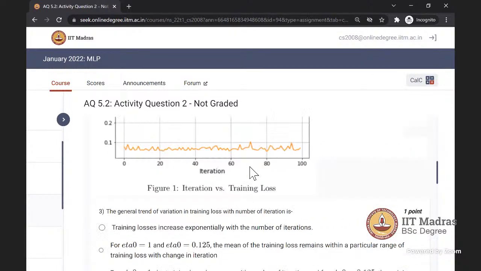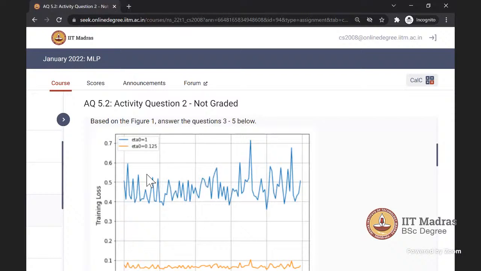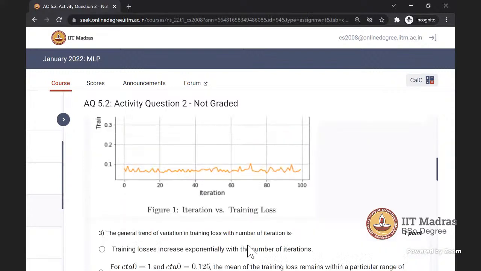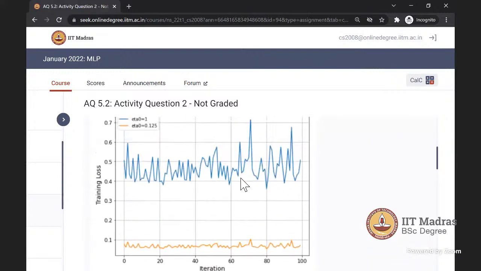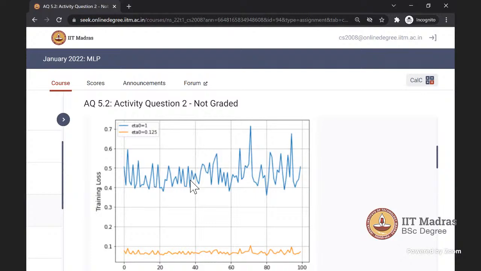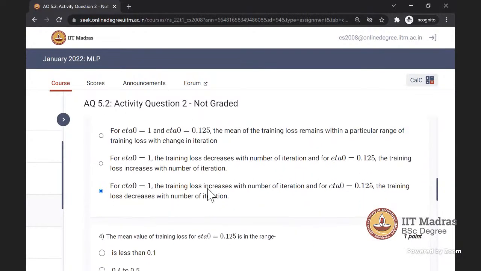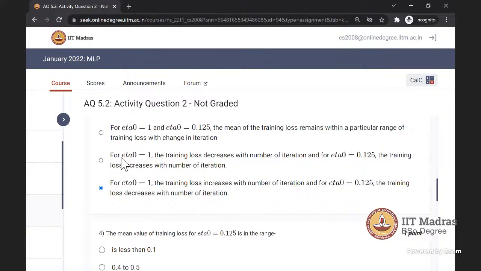That is not true. It is going down and going up, so it is fluctuating, oscillating between around 0.4, with some peaks at the 70th iteration or so. So between 1 and 0.3, it is fluctuating. So this option is false.